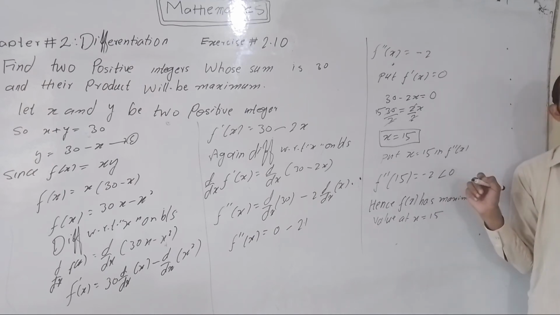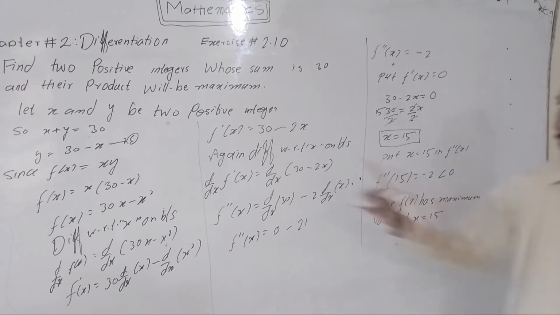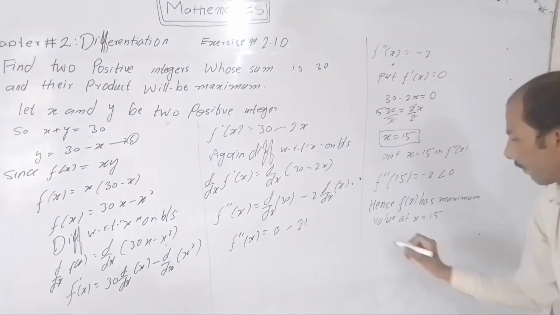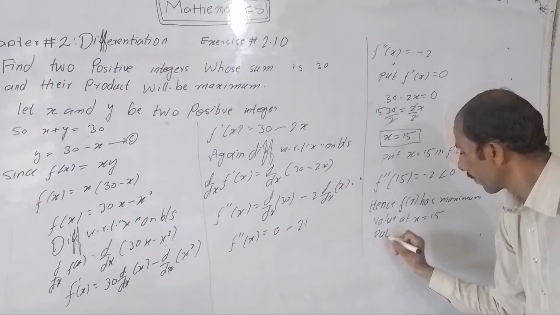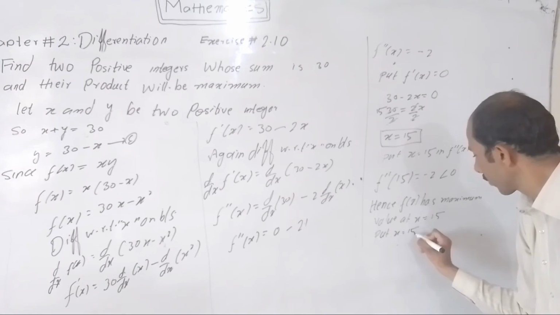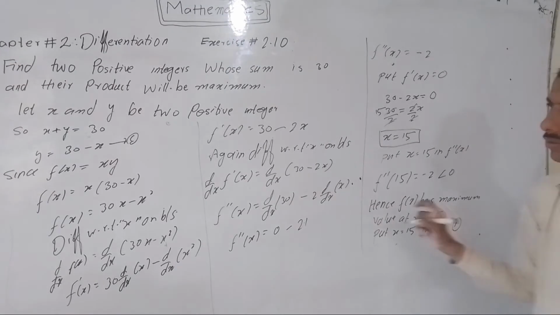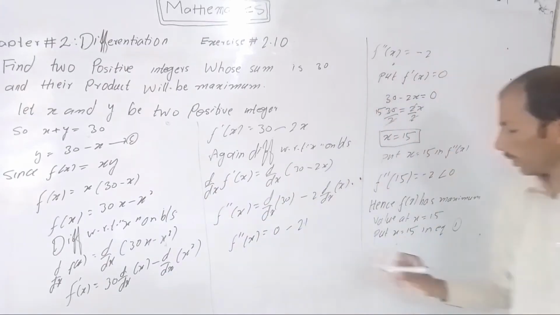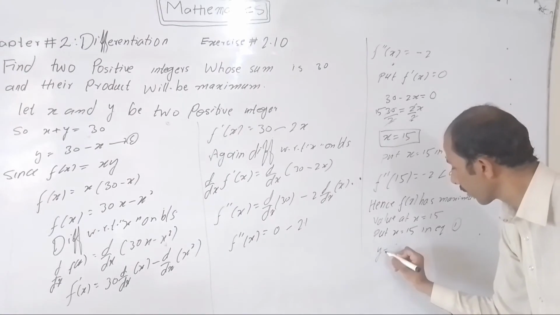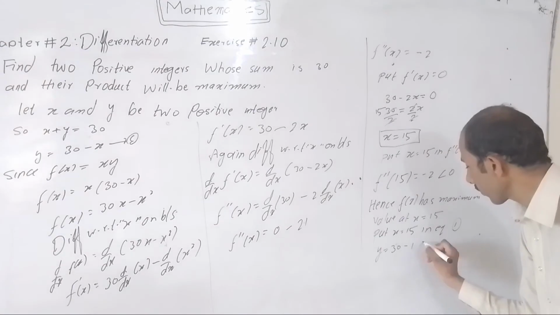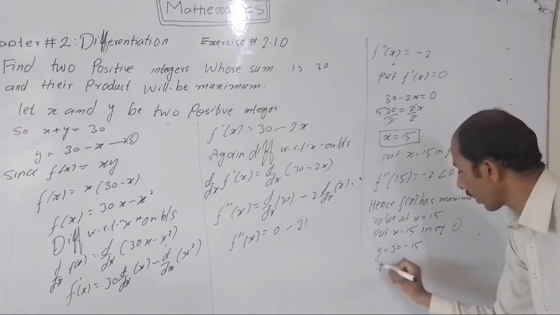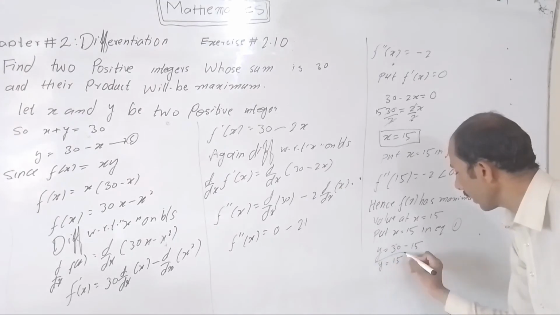Put x is equal to 15 in equation 1. So y is equal to 30 minus 15, y is equal to 15.